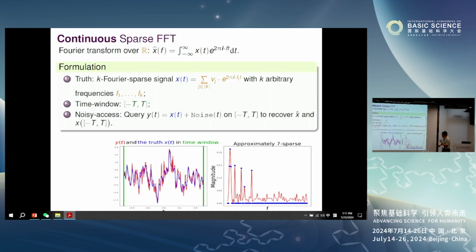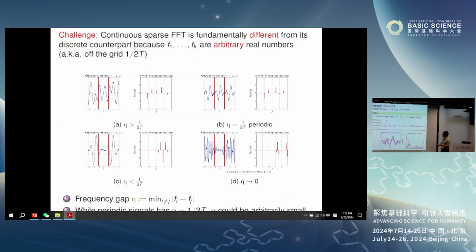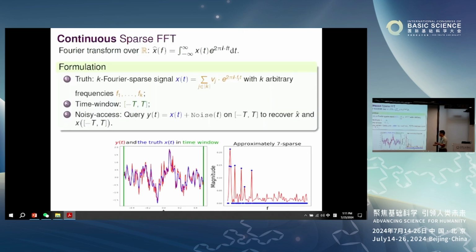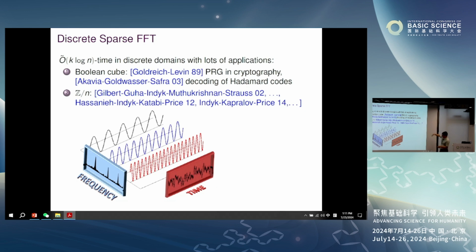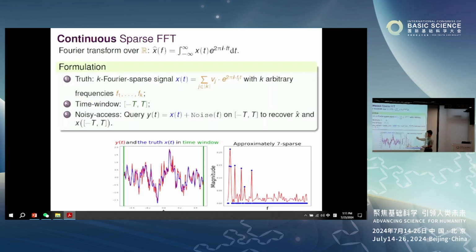Next, let's discuss a very natural attempt. Since I have told you that we have a successful line of research on the discrete domain, you may ask, why don't we just reduce the continuous problem to the discrete problem?